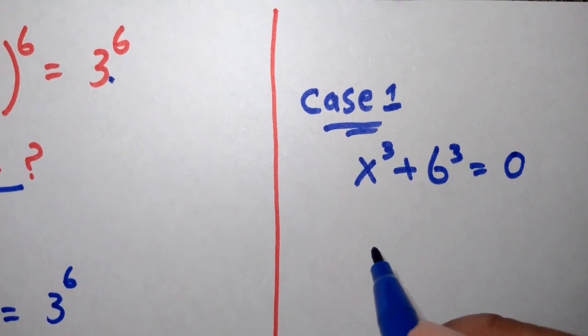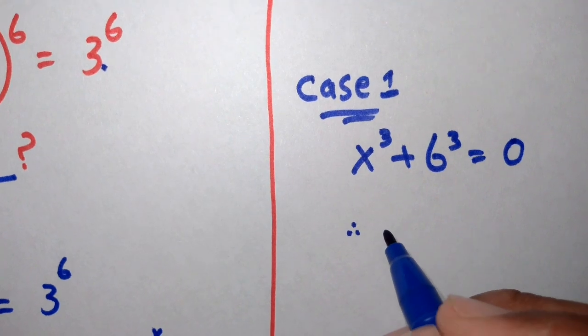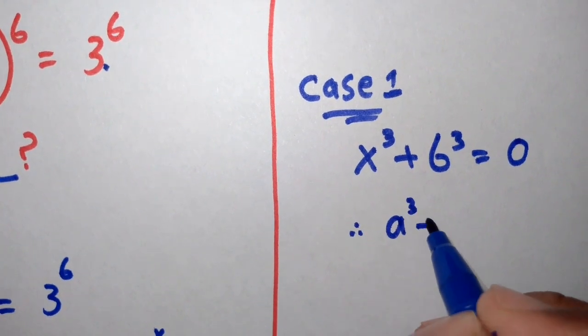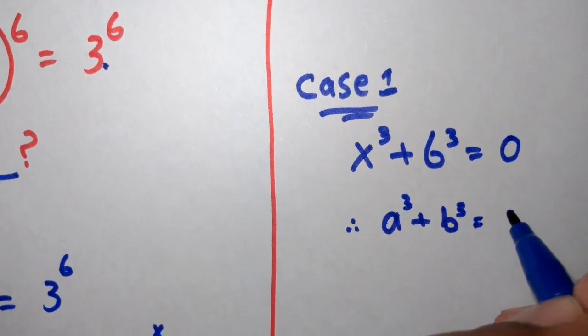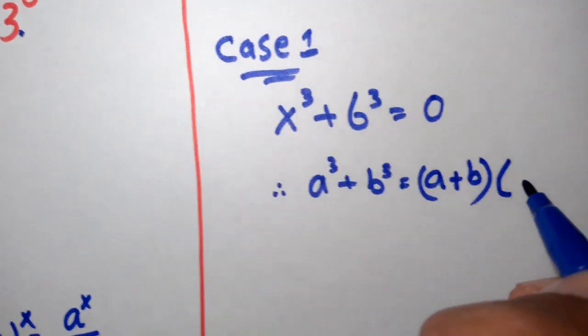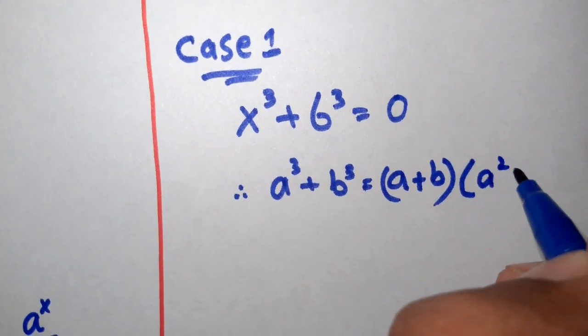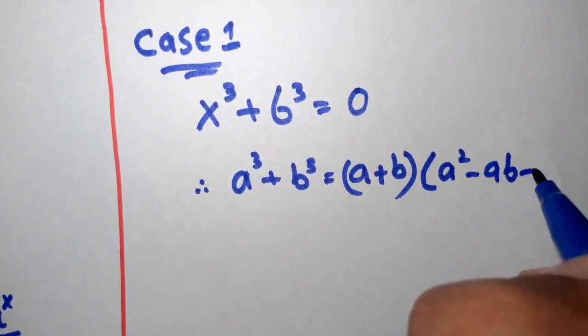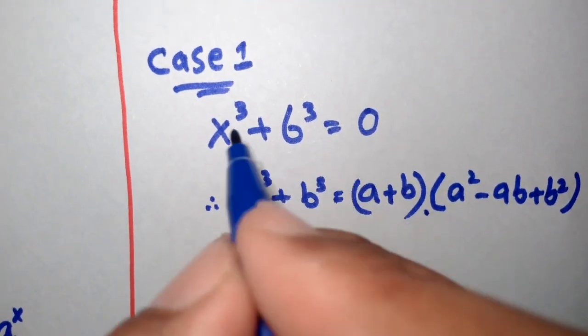We can solve this by applying the identity a^3 + b^3 is equal to (a + b)(a^2 − ab + b^2). We have to apply this identity here.